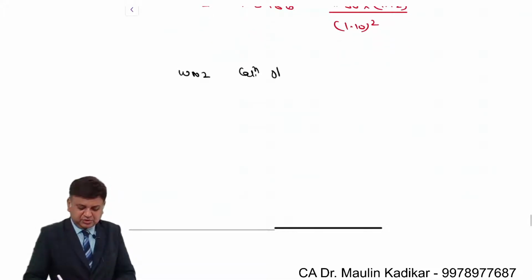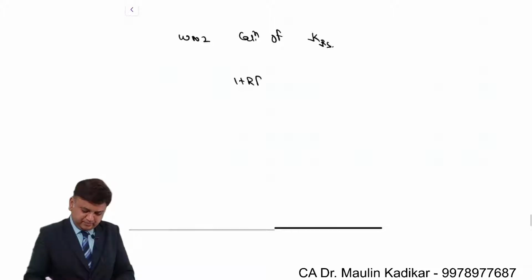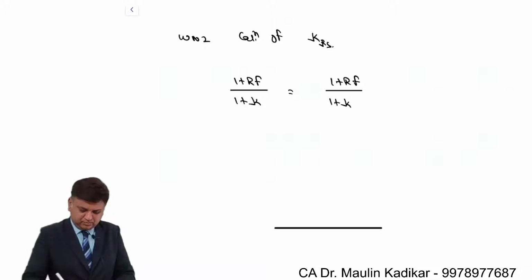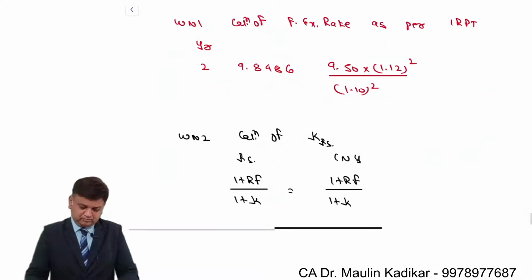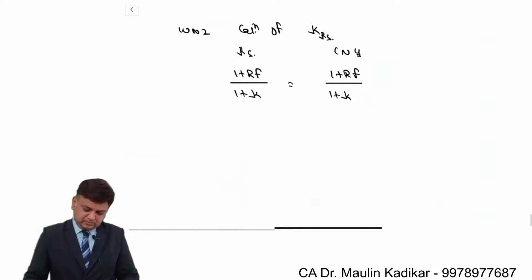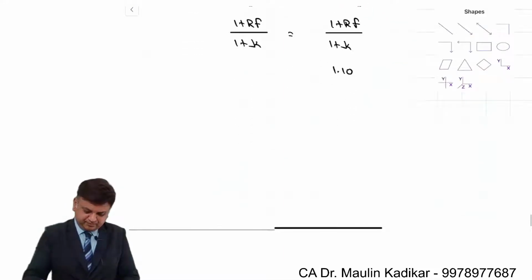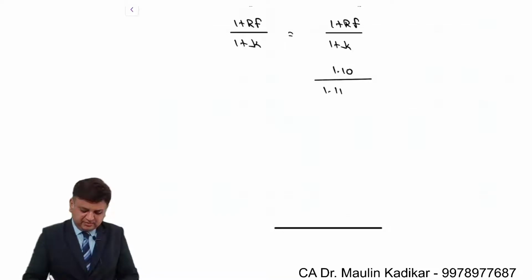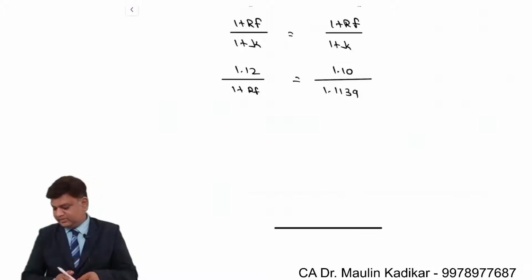Working note number 2, calculation of the cost of capital in rupee currency term. This is for rupee currency and this is for the Chinese Yuan. So it is 10% divided by 1.1139. 12%, 1 plus RF.